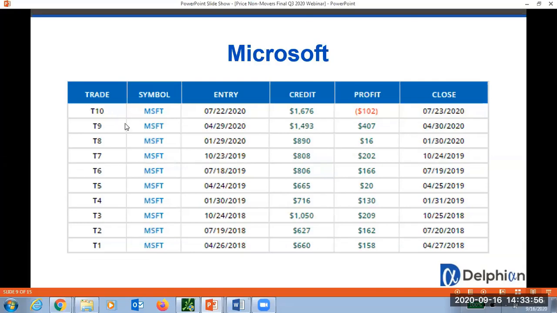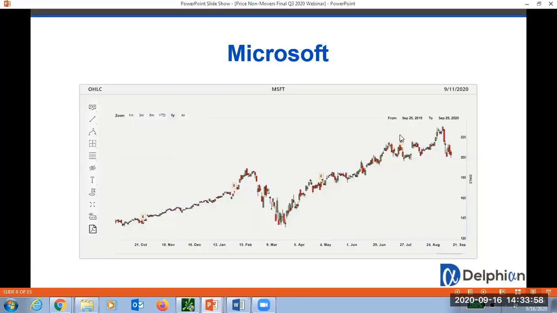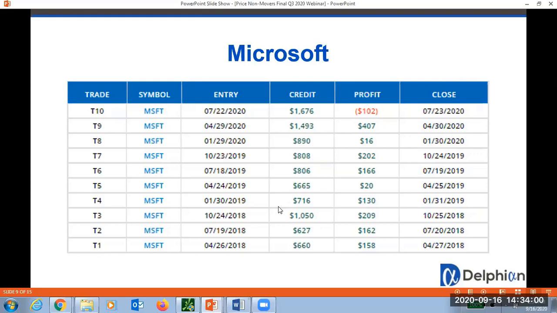You can see trade 10, which is basically this trade right here. We can see trade 10 actually lost us $102 on that strategy. But as you can see with the entries and the exits, we're getting in 7/22, getting out on 7/23, getting in on 4/29, getting out the next day on 4/30.